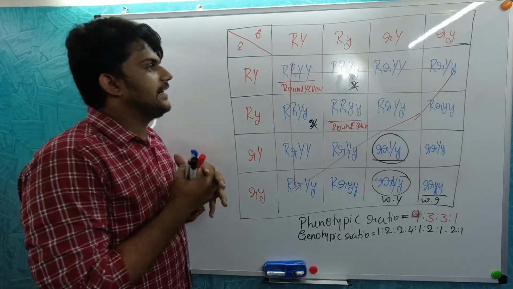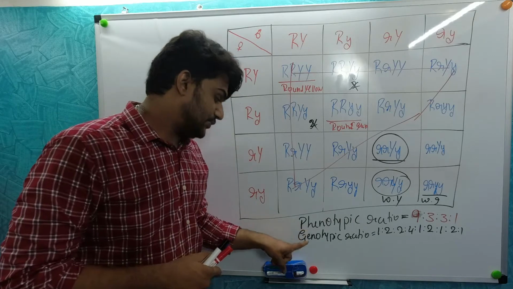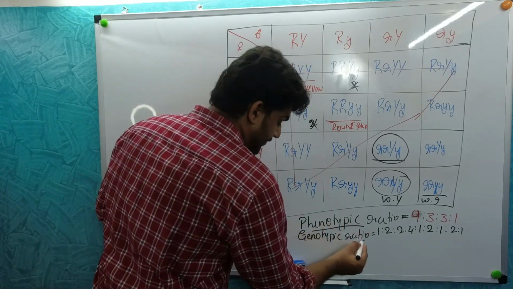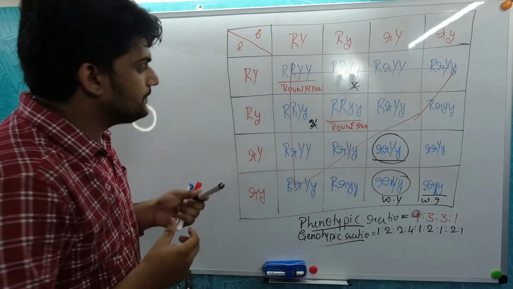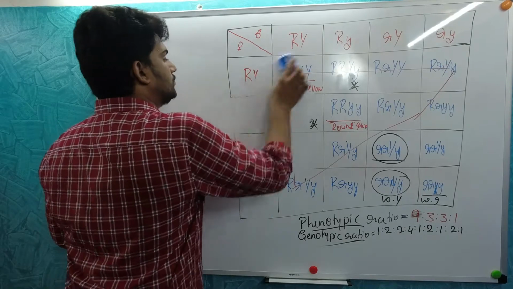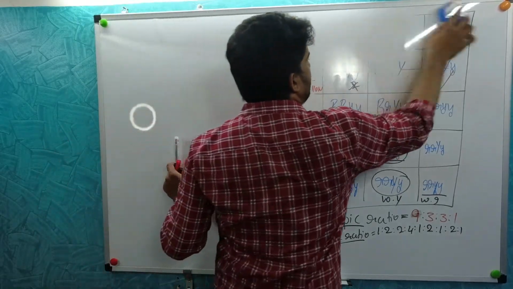So this is the dihybrid cross or inheritance of 2 genes, and what he got. These two are very important. If you write this itself, only then you will get the marks. So what about the marks? Before rubbing it, you can take the screenshot of it.